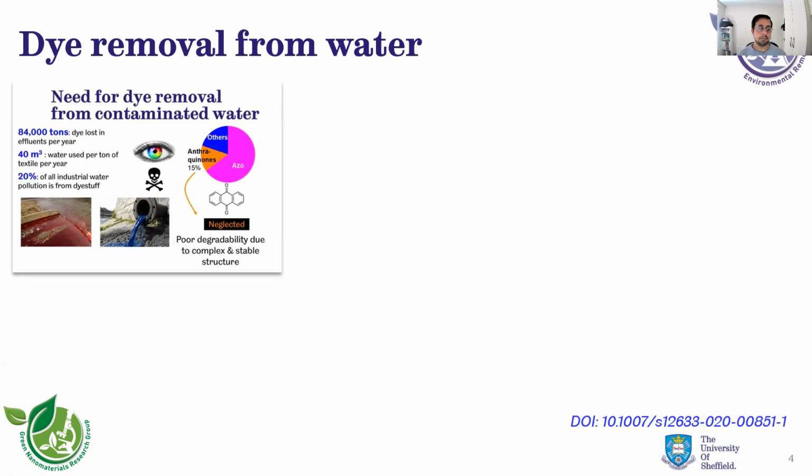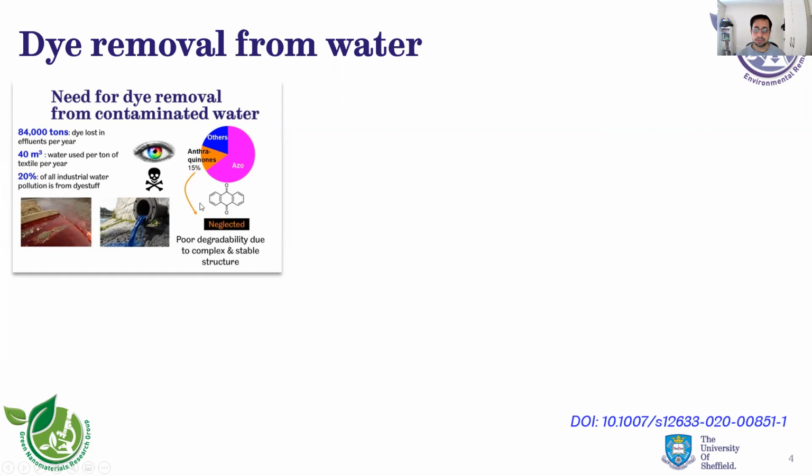So the first application I'm going to talk about is dye removal from water using our green nanosilicas. And quickly showing you the need for that. As you can see from some of the numbers noted on the left-hand side, it's an important problem. And while there has been some focus, there are two issues. One is that predominantly most research work is focused on azo dyes, but hardly any on anthraquinone dyes.